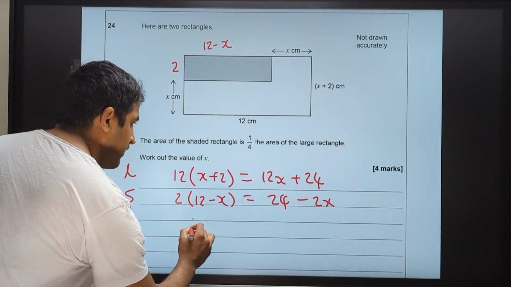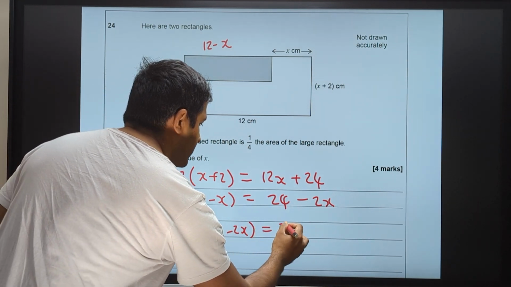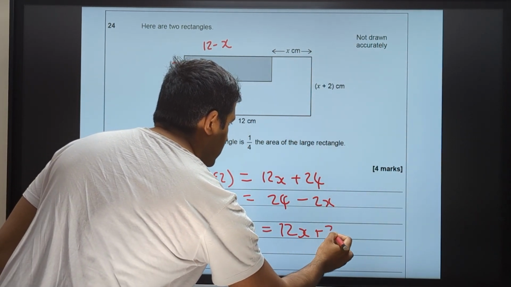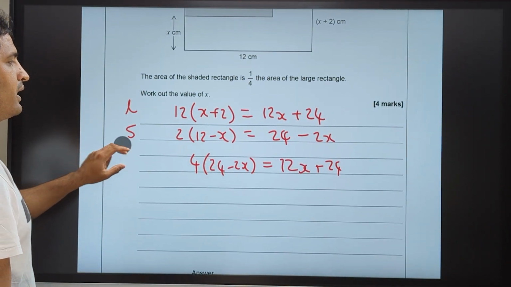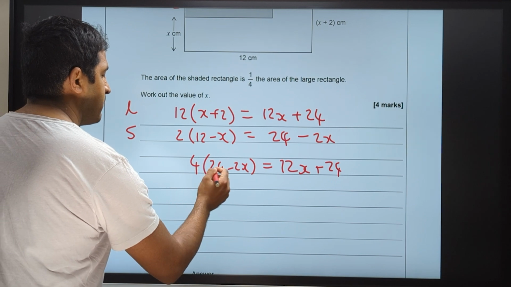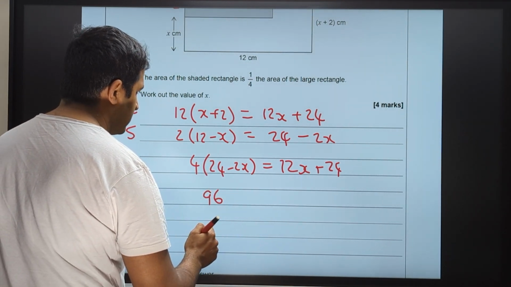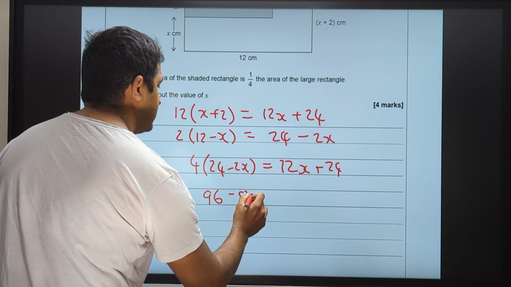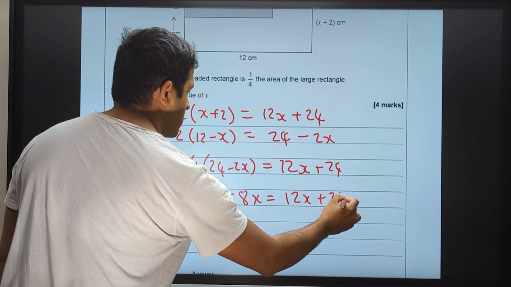So we can say 4 times 24 minus 2x is the same as 12x plus 24. That's really straightforward to put down, and then we can expand and simplify it. 4 times 24 gives you 96, minus 8x, which should be equal to 12x plus 24.